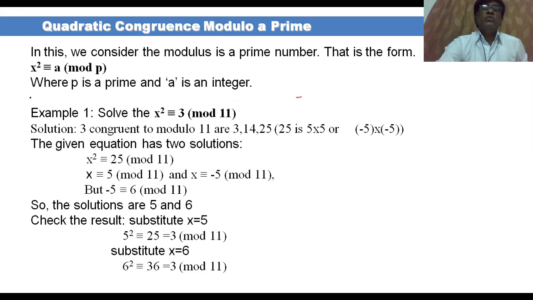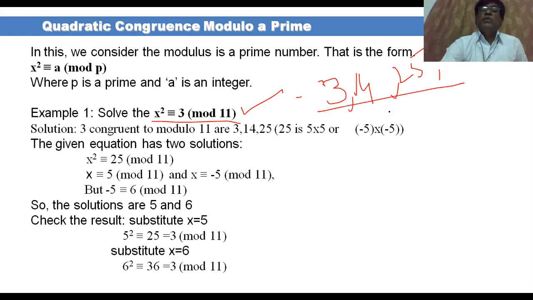Now how to solve this one? X square is congruent to 3 mod 11. How to check this one? Generally, 3 is congruent modulo 11 to 14, or 25, and so on; for all of these, modulo division by 11 gives 3 only.